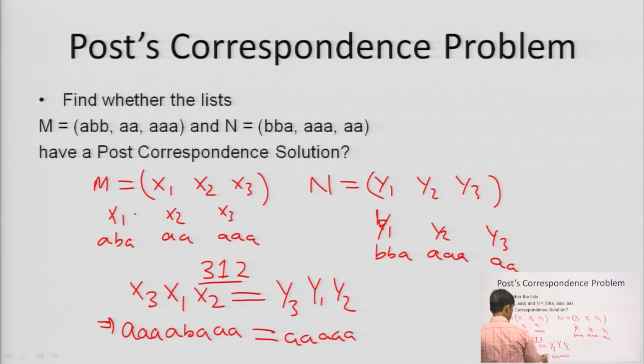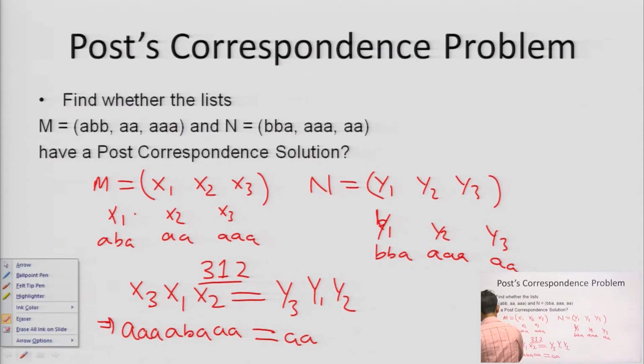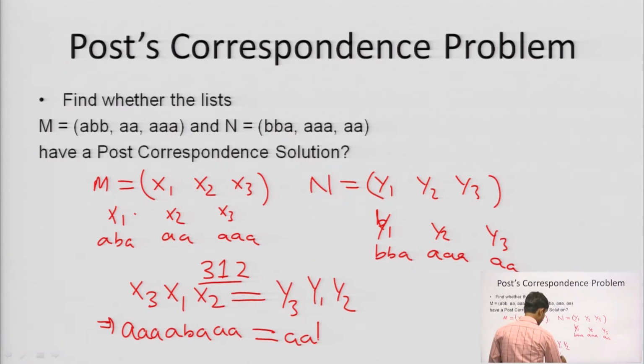After y3 we have to take y1. y1 is bba, and y2 is a.